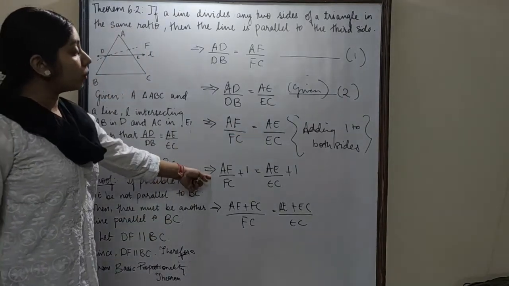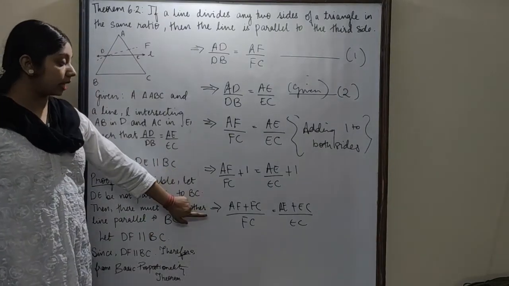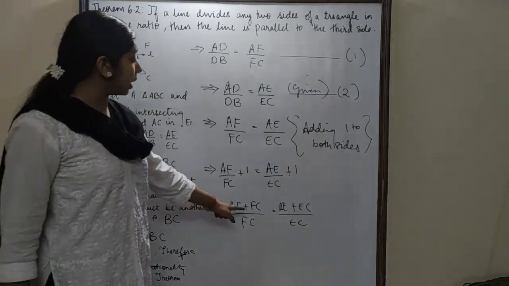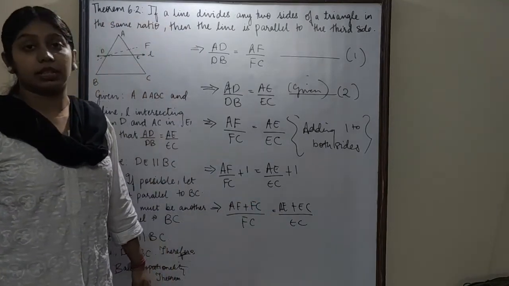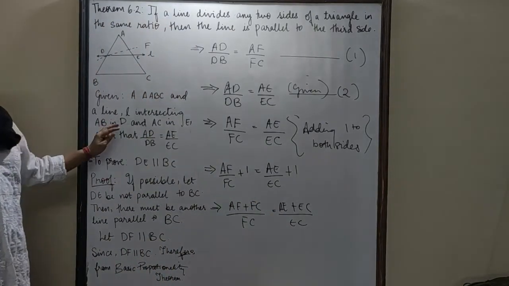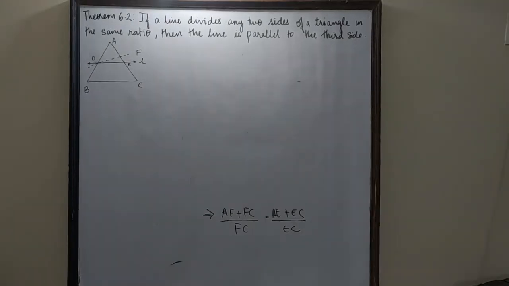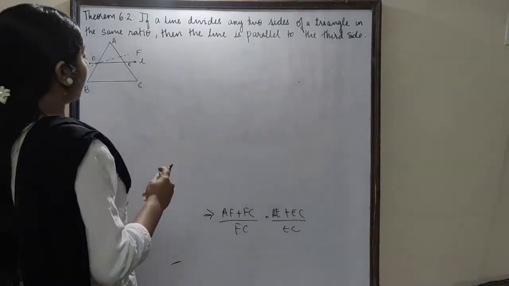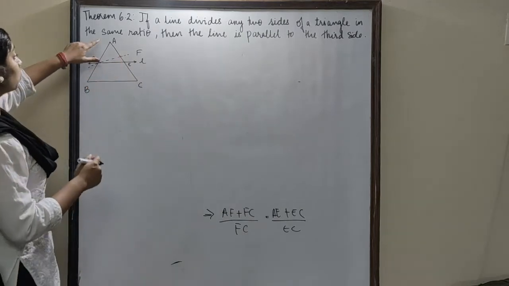Now we add 1 to both sides. After adding 1 to both sides, take the LCM. We have AF plus FC upon FC equals AE plus EC upon EC. Is that clear? Next we are going to move on. Copy down this much. Now AF plus FC is giving you what, children?